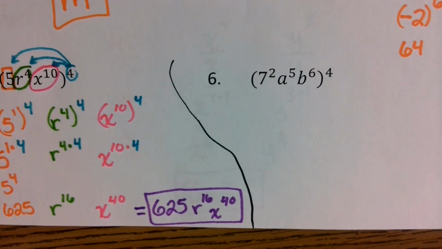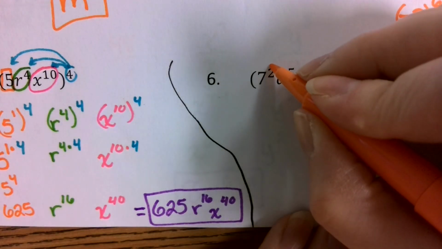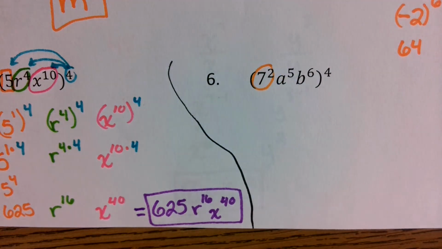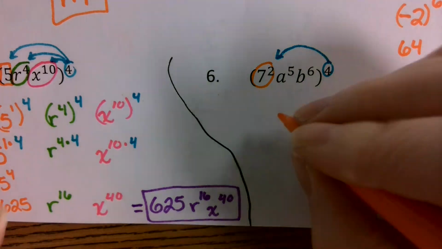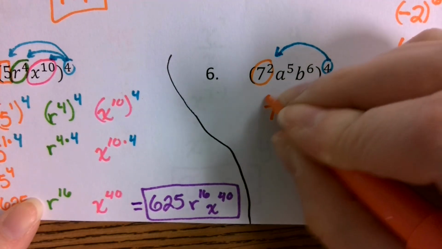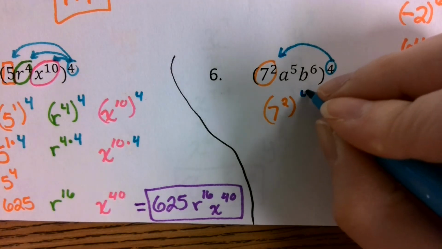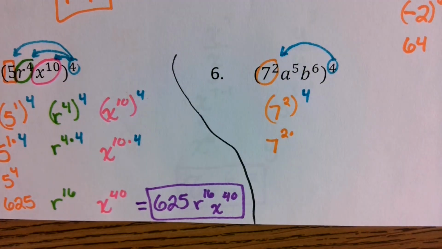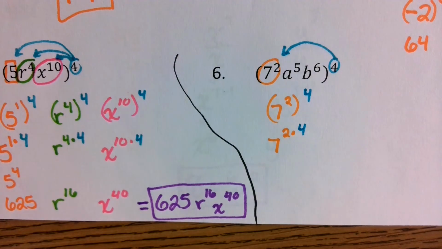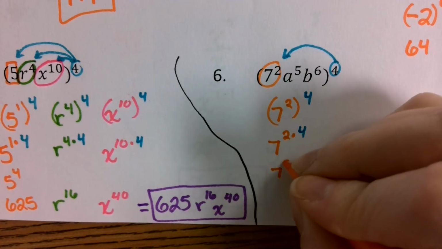So for here, we've got 7 to the 2nd that is now going to have that exponent of 4 distributed to it. So we're doing 7 to the 2nd power raised to the 4th power. So we're just going to multiply those exponents, 2 times 4, and that comes out to 8. So you now have 7 to the 8th power.